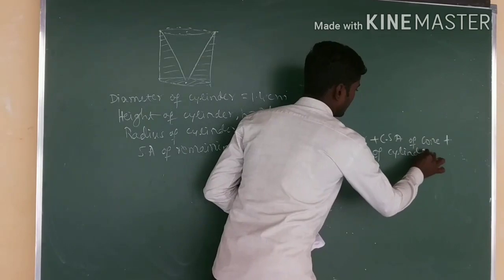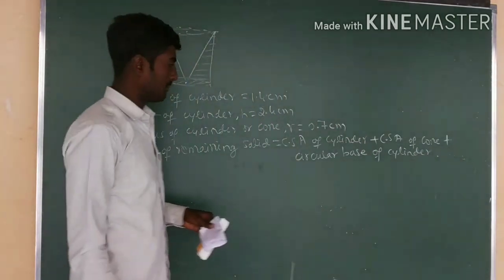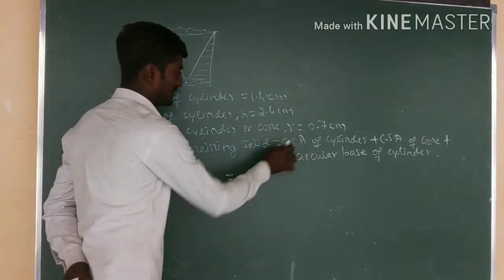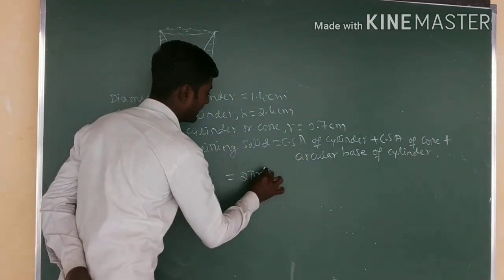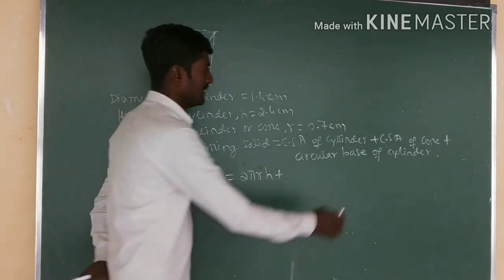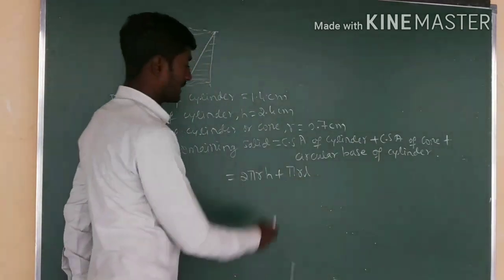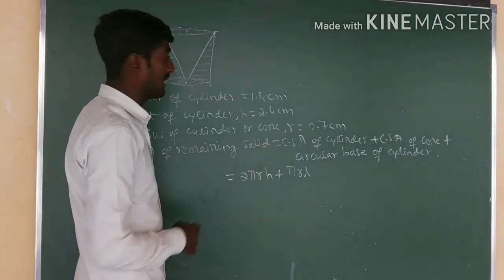Okay. So this is the surface area of the remaining solid. Let us write the formula. CSA of cylinder is 2 pi R H, plus CSA of cone, that is pi R L. Okay. Here L comes. We have to find that L.